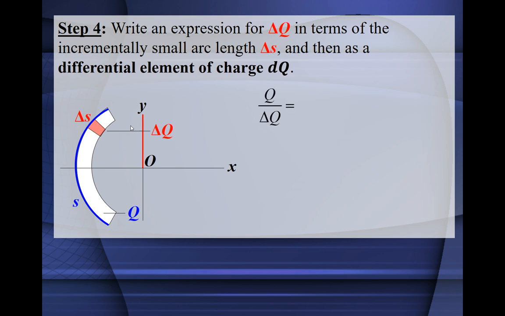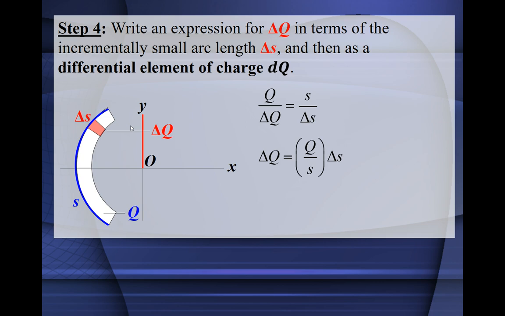If you take the total charge in the full arc of charge and divide by delta Q, the charge contained in that small chunk of the arc, that would be equivalent to the total arc length divided by the arc length of that differential element. And if we manipulate the equation for delta Q, we have delta Q is equal to Q divided by S times delta S.